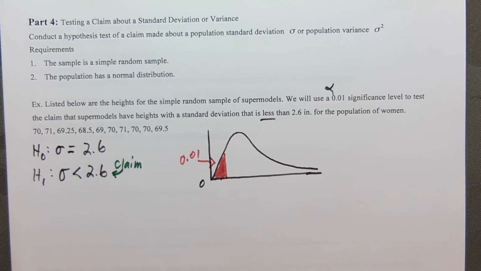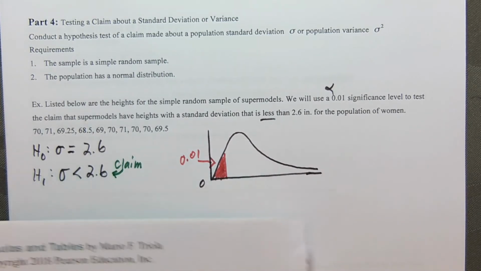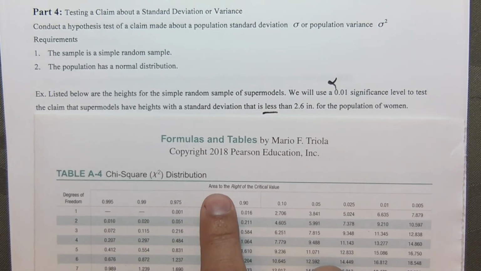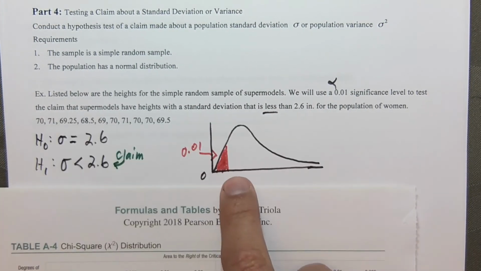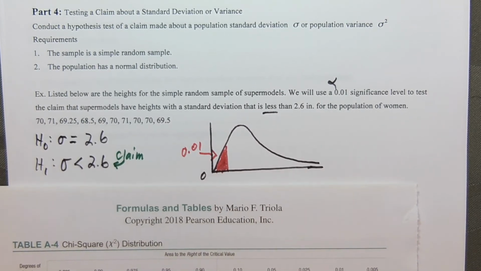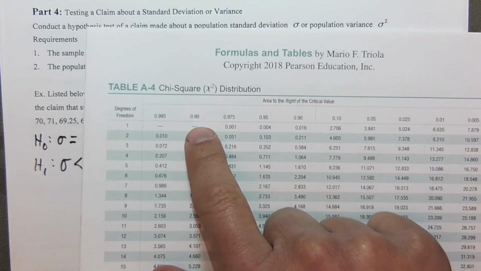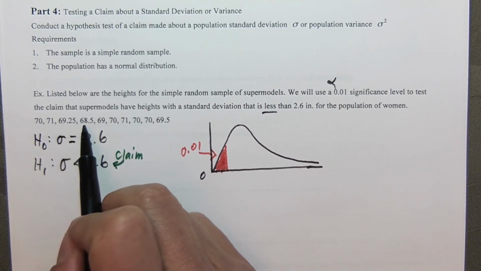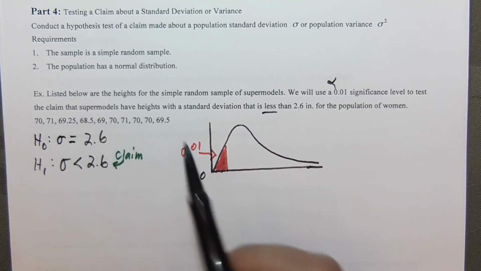Now for this, I'm going to need a table. With chi-squared, and with this table, this is area to the right only. So area to the right of this point is going to be 0.99. So that's what I'm going to actually look up. 0.99 is here. If you remember the degrees of freedom, in this case, n is 1, 2, 3, 4, 5, 6, 7, 8, 9, 10.